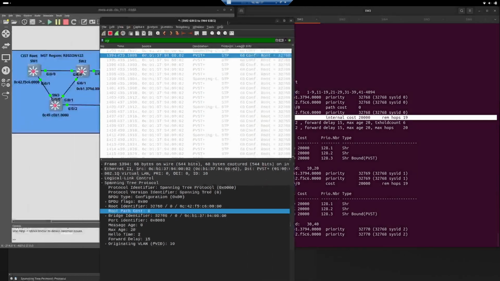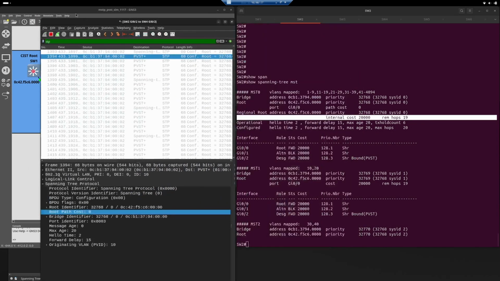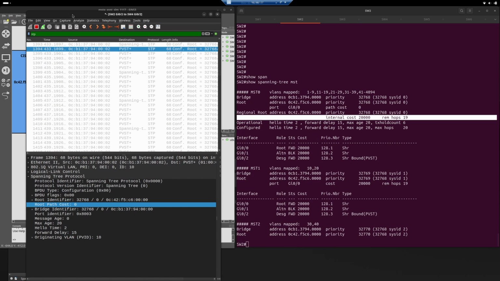So the cost of this link. And still he advertises a cost of 0. So it doesn't really matter where the CIST root is located within the MST region.